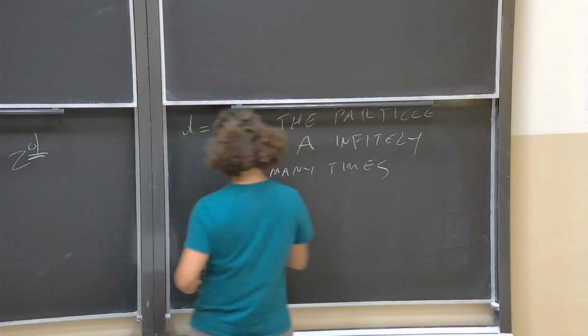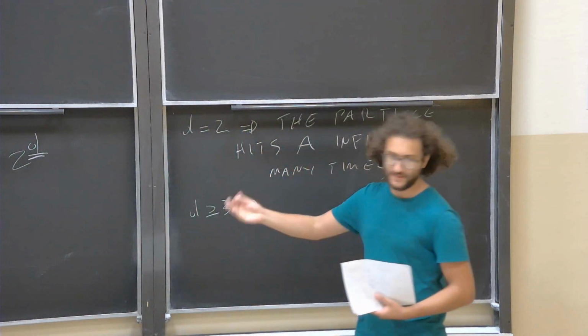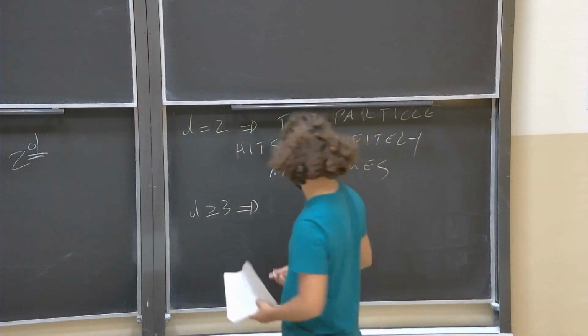And for all bigger dimensions, so 3 or bigger, the particle will hit A at most finitely many times, and then in some sense it will escape to infinity.